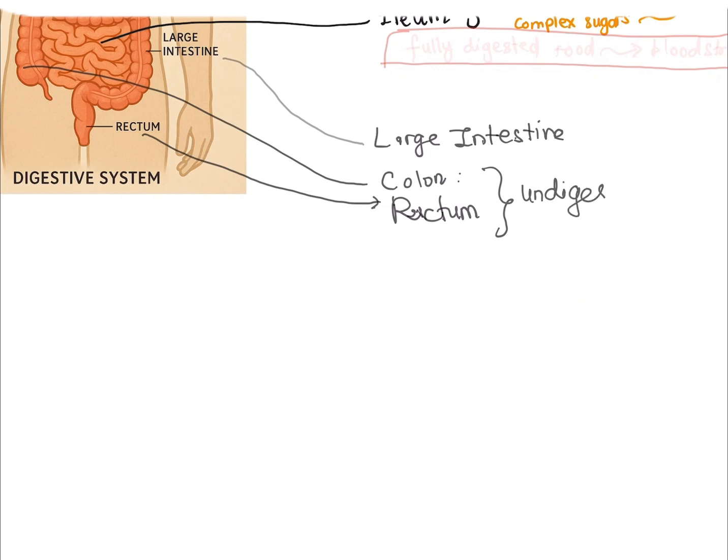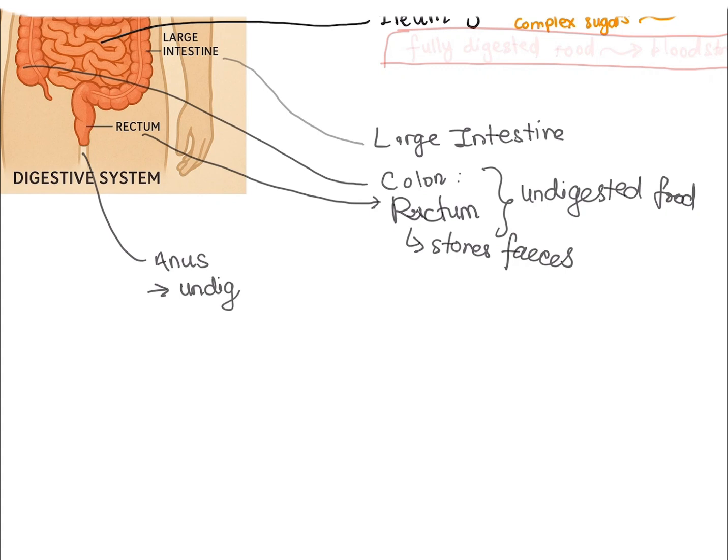Let's label this undigested food that's ready to be removed from the body. So again, the rectum stores the feces until it is time for it to be removed via the anus. And the muscles will usually help give you the signals.